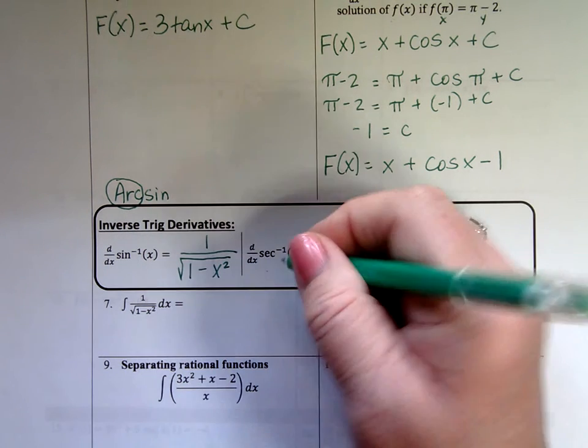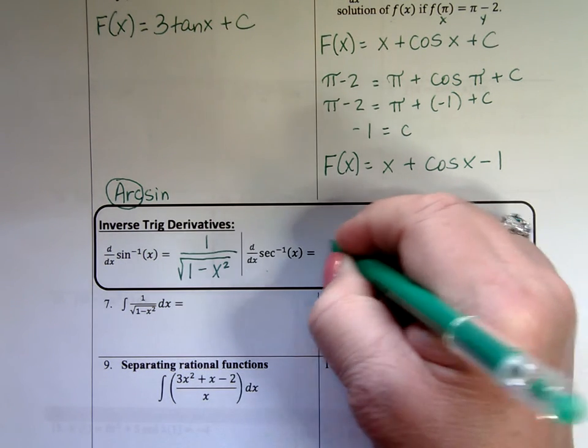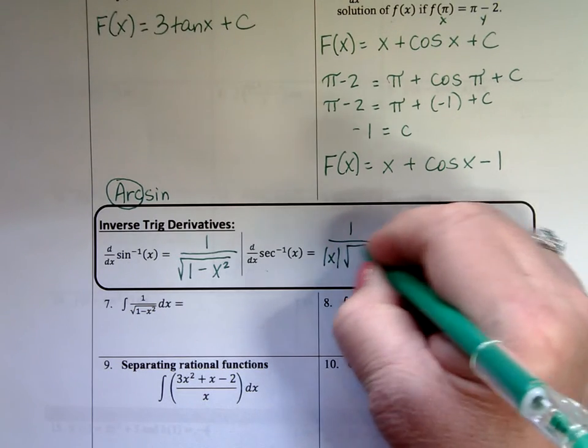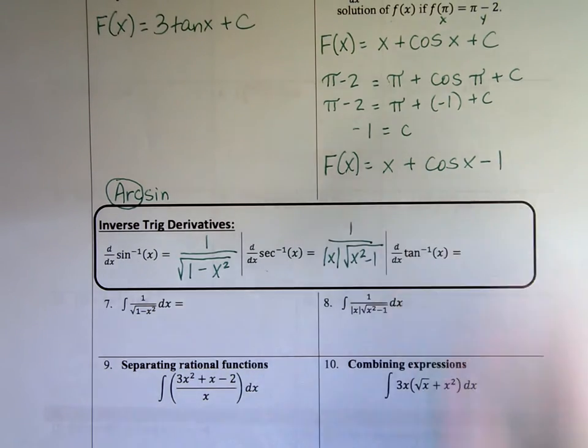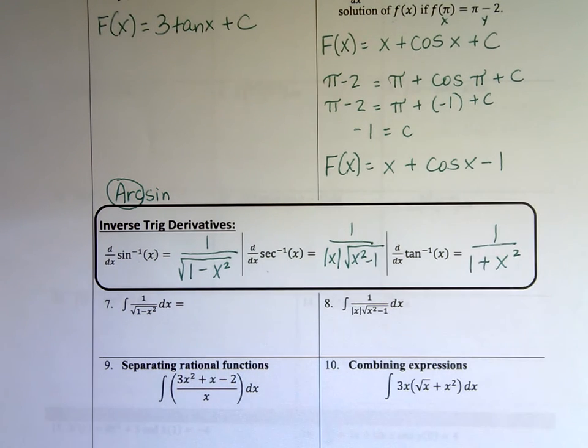If the secant guy, secant to the negative 1, he is 1 over the absolute value of x times the square root of x squared minus 1. And the derivative of inverse tangent is 1 over 1 plus x squared. You could also see that as 1 over x squared plus 1. Either way, they're the same thing.